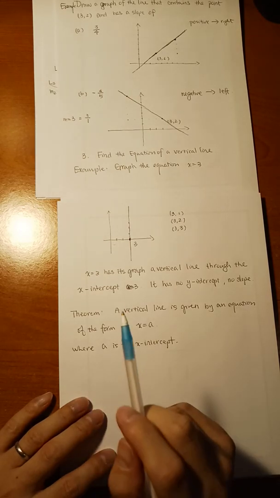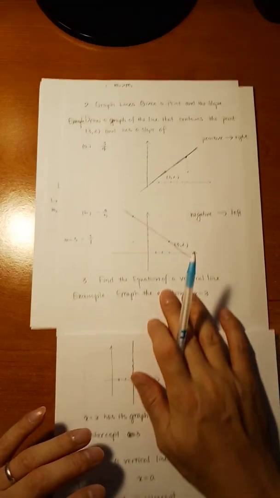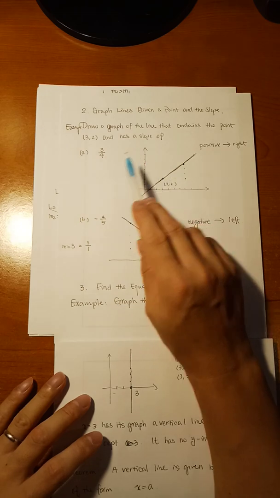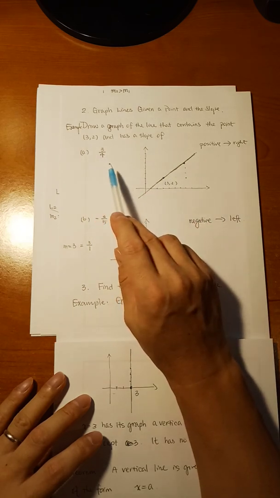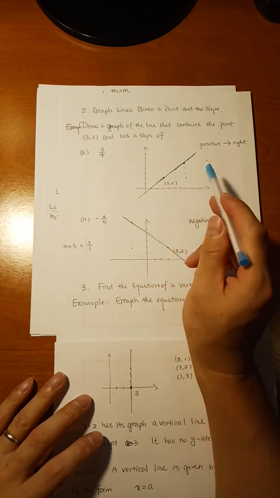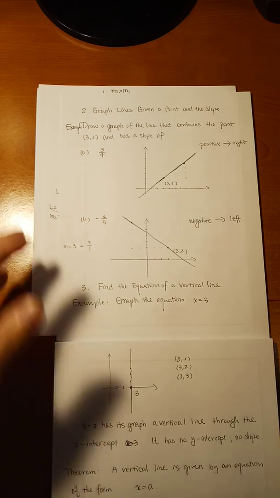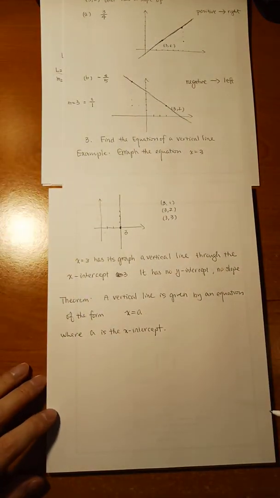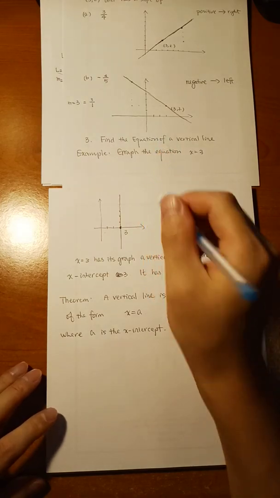Okay, so in the second part, we already know how to sketch the graph of the line when we have a point and the slope. Okay, so you have a point, you have slope, you know how to sketch the graph. And if you have a point and slope, how do you determine the equation? Okay, so that is geometry.